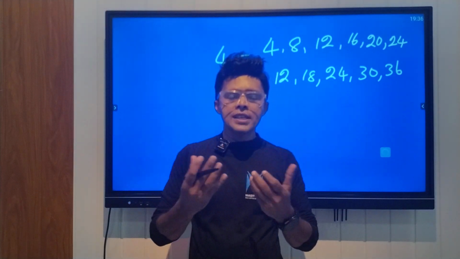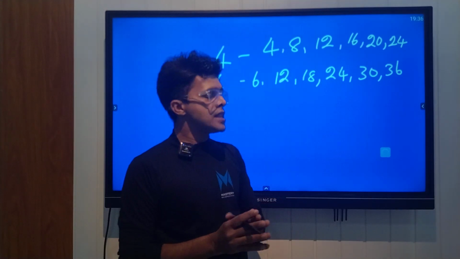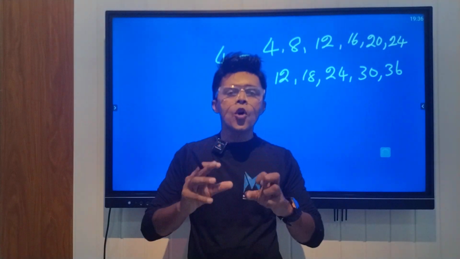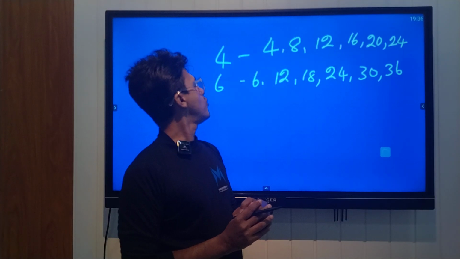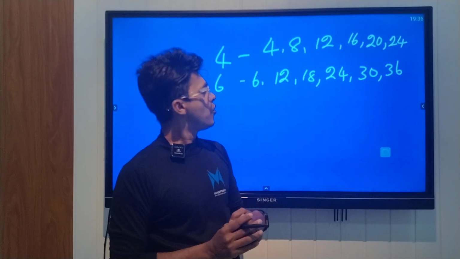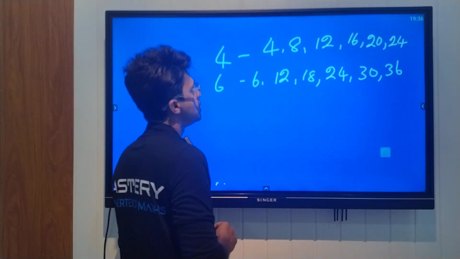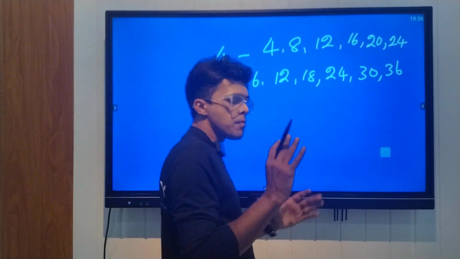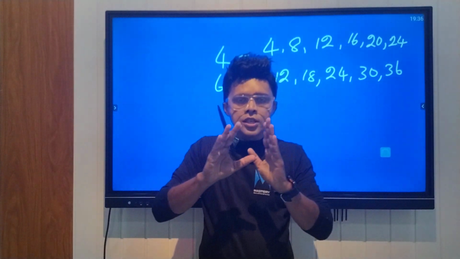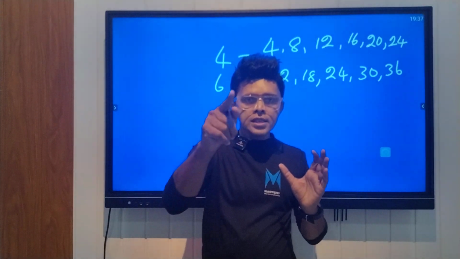What is our intention? What are we going to do right now? We are going to find the LCM, least common multiple, of 4 and 6. Here we are talking about common multiple.